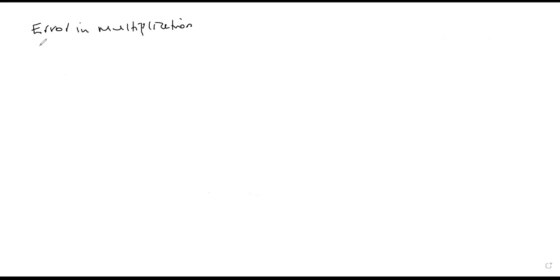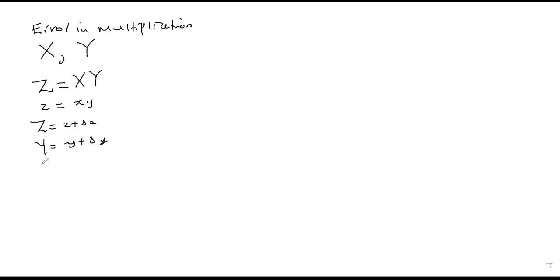So still, if we have x and y as our numbers, it means that our z will be equal to xy. If our z is equal to xy, then our small z is going to be equal to small x, small y. And we know that our z is equal to small z plus a change in z. And our y is small y plus change in y. And our x is small x plus change in small x.